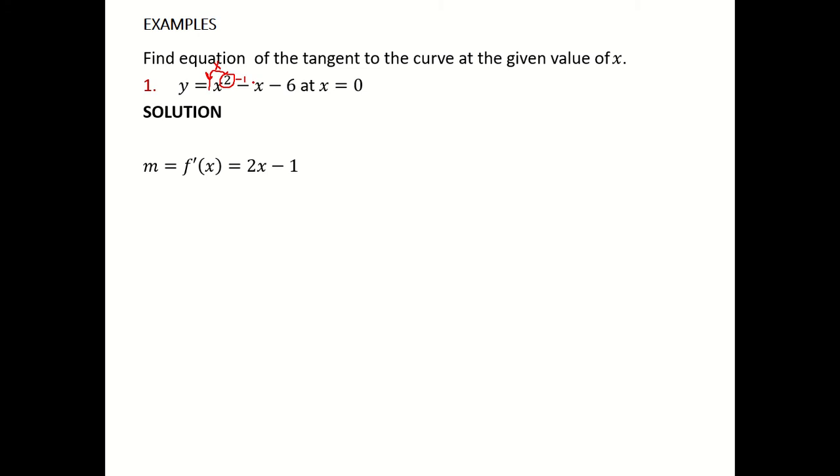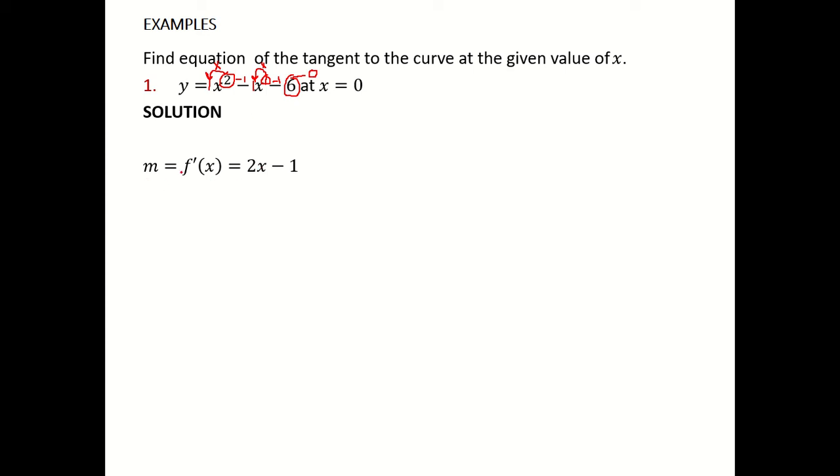Similarly with x, the exponent of x is 1, so I took this 1 and I multiplied it with the coefficient of x, which is 1, and I minused 1 from that exponent. The derivative of the constant 6 is 0, okay? Hence, I have 2x minus 1 as my derivative.